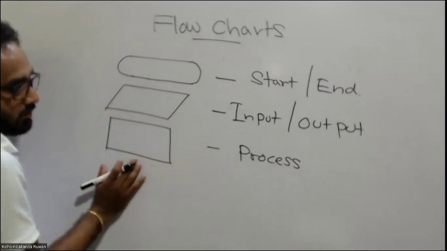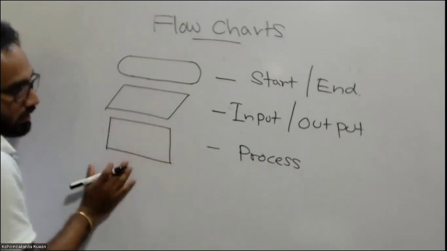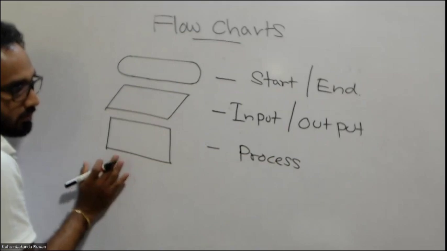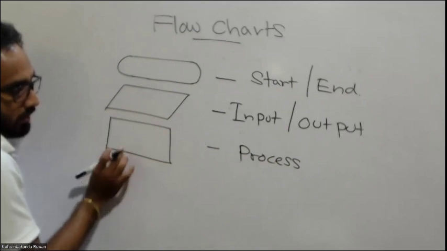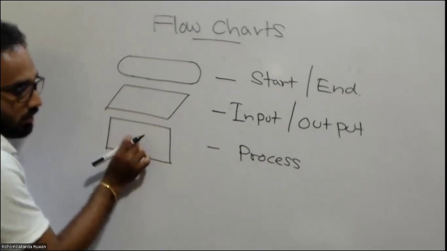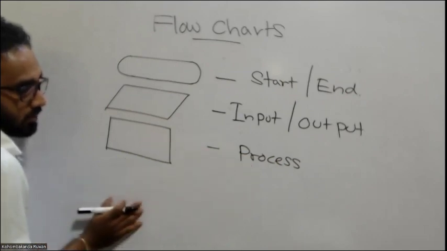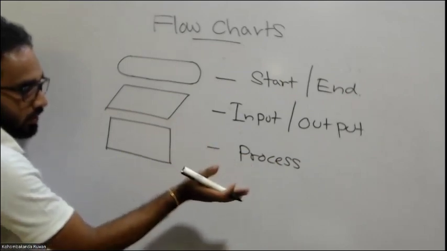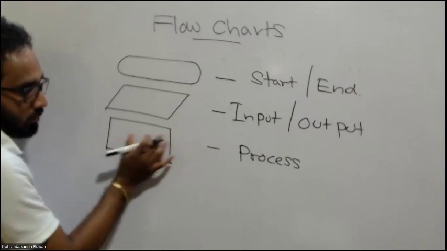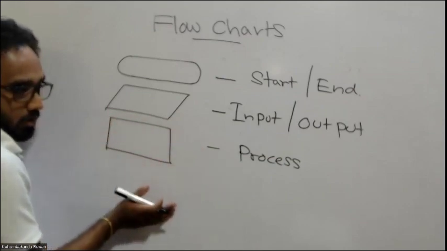It is similar to a rectangle. Let's say, for example, area equals length multiplied by width. That is some kind of process. If you have that kind of example, you can use this shape to denote that.